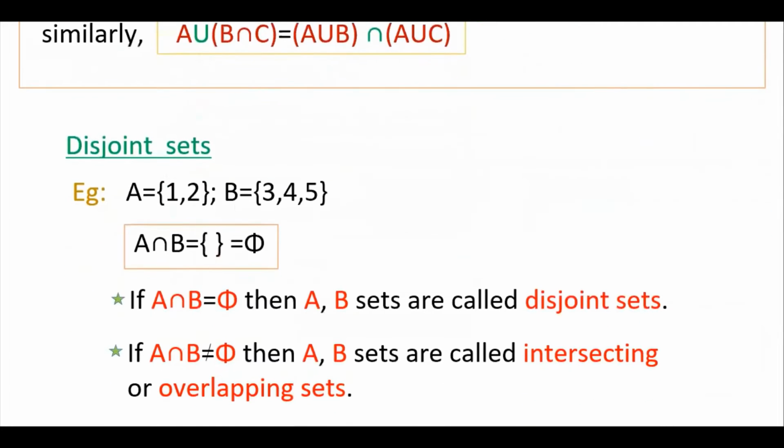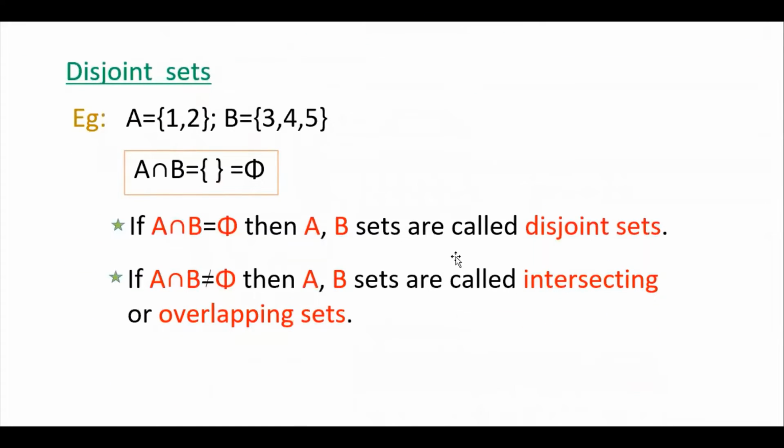And next one, disjoint sets. If you take any sets and if there are no common elements for those two sets, then those sets are called disjoint sets. So if you intersect those two sets, because there are no common elements, you will get no elements. So that is an empty set. Here, A is equal to {1, 2} and B is equal to {3, 4, 5}.